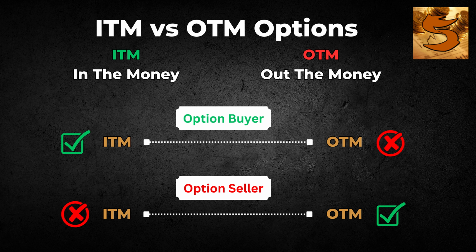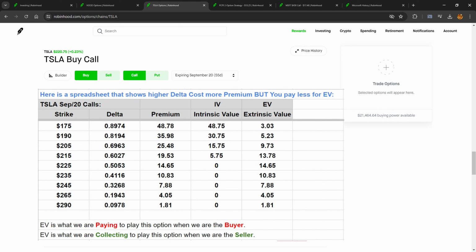So when we are buying the in the money, we are buying the difference between the current stock price and the strike price that we are choosing. That was the intrinsic value, and the intrinsic value is within the option. It does not expire and we don't lose it if the stock price stays the same. We're only paying to play this option, the extrinsic value part of that option premium.